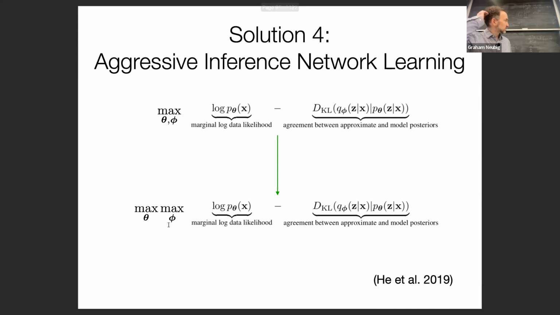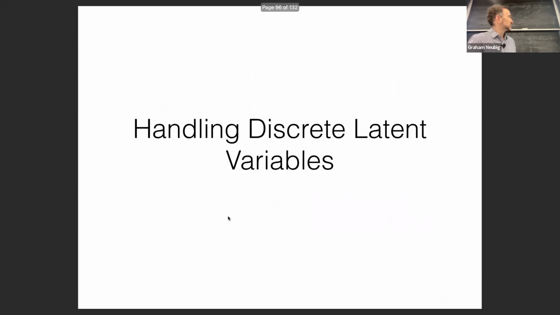You might take 10 steps on the inference network and then 1 step on updating the decoder. And the reason why this is good is because right at the very beginning, the decoder is kind of dissociated from the actual latent variables. It's learning to do well without using the latent variables at all. And this essentially encourages the inference network to learn good latent variables, which makes it easier for the decoder to use them. So these are all methods that you can apply to solve this problem.